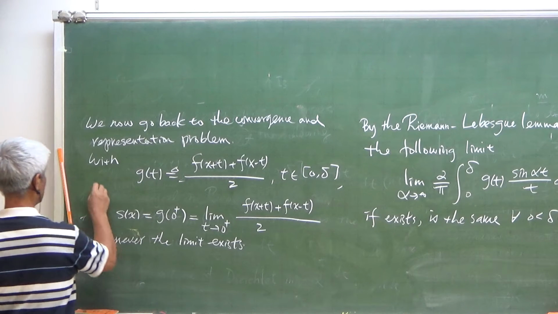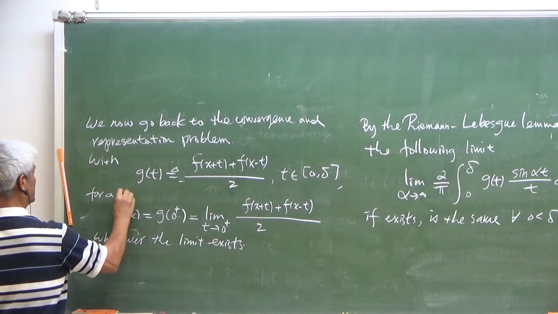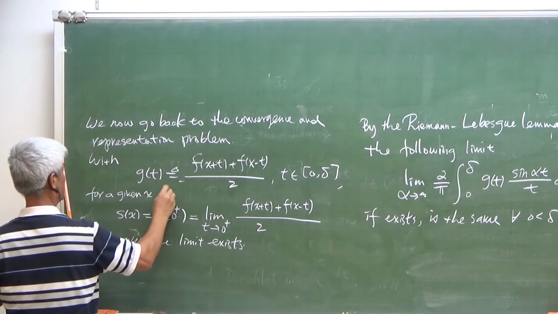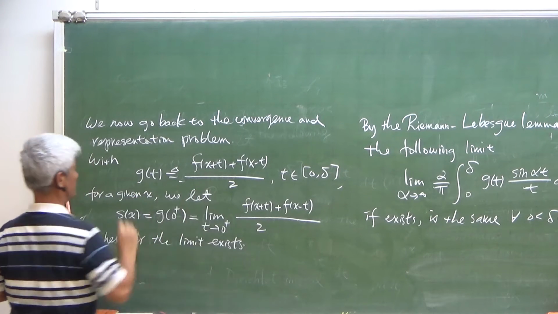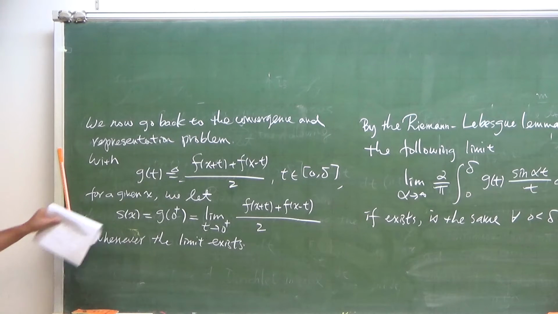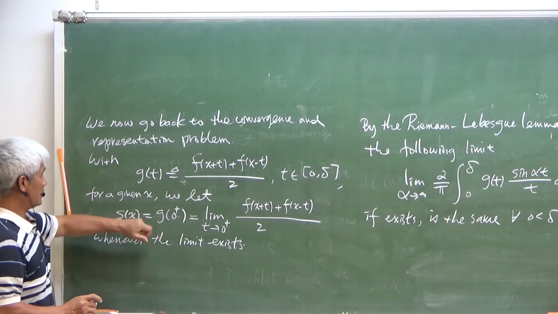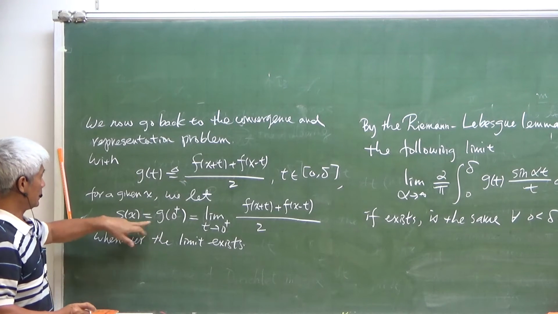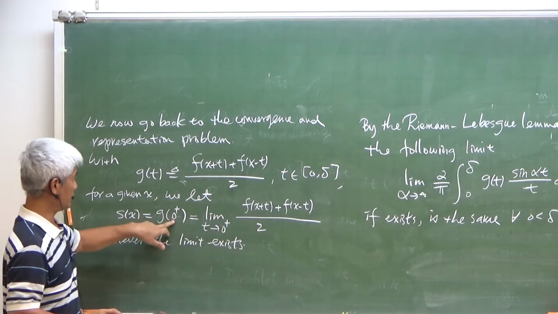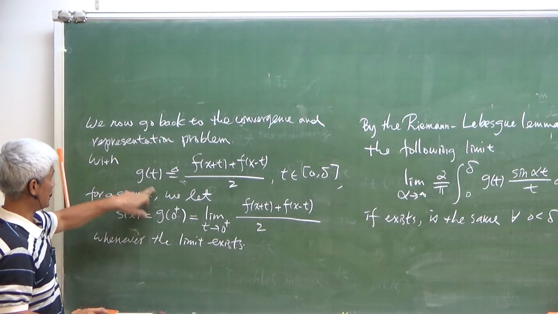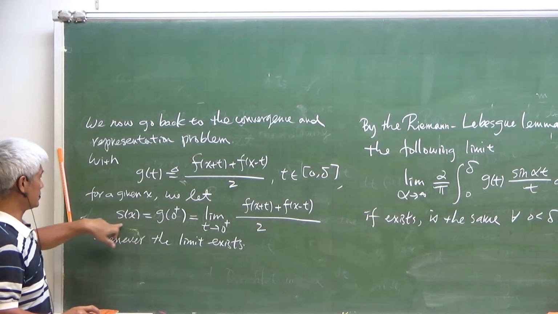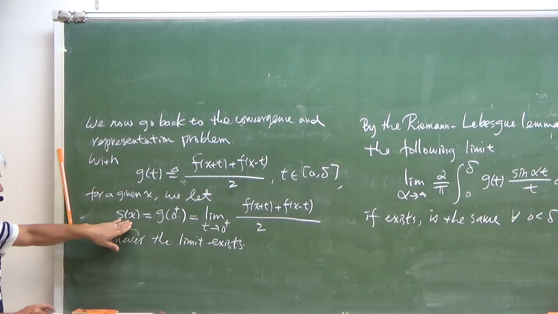Maybe I will say it better: for a given x, we define a function, and with that, if the right limit of g at 0 exists, then we define this quantity as s(x).